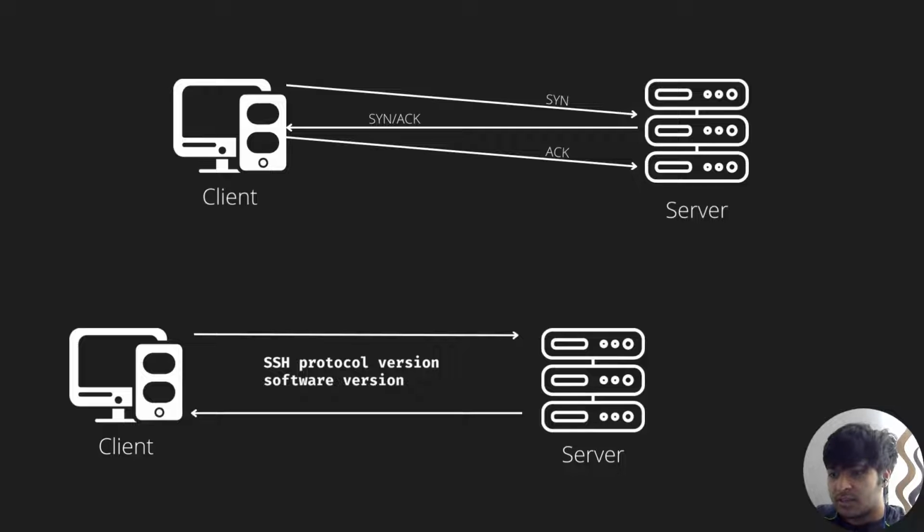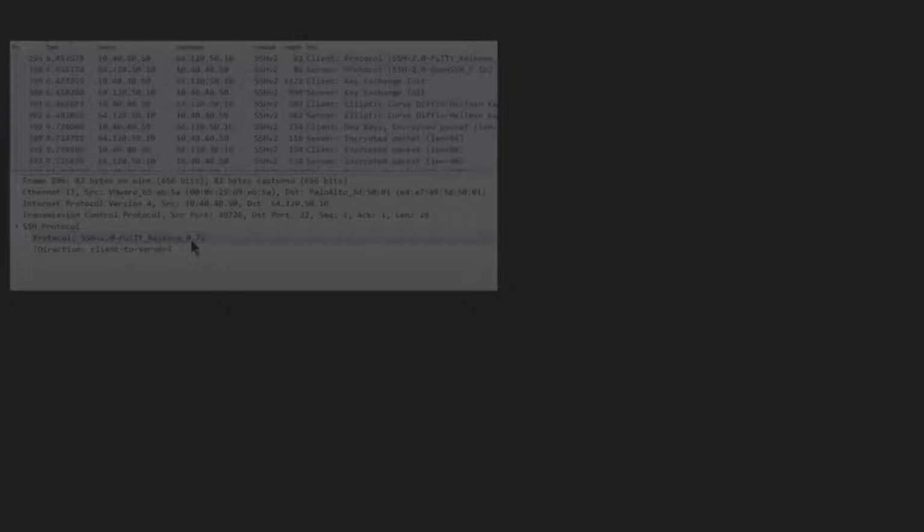As soon as the connection is established, the first step of SSH is called identification string exchange. Here, the client constructs a packet in this format: SSH protocol version and software version, and sends that to the server. Then the server responds back with its own identification string message.